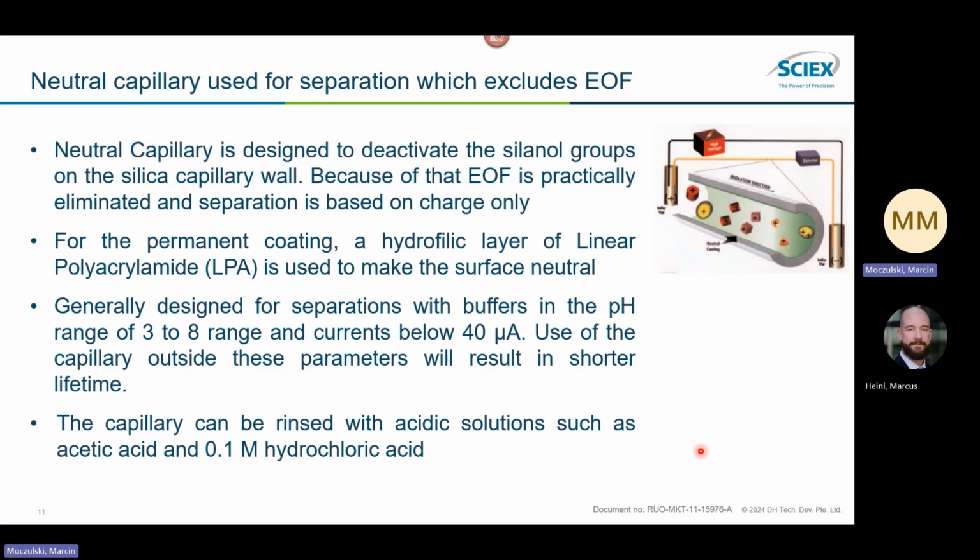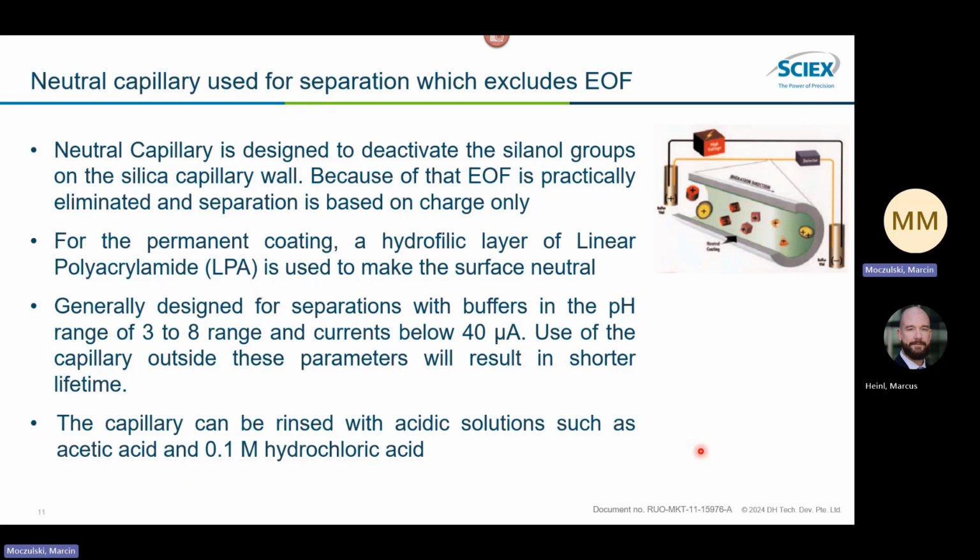Typically, neutral capillaries used for these techniques are coated with linear polyacrylamide, but polyvinyl alcohol coated capillaries can also be used. Because of the specificity of the layer, there are limitations for buffer use, and typically the pH of buffers which can be used for these capillaries is between 3 and 8.